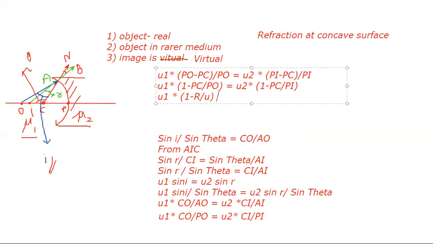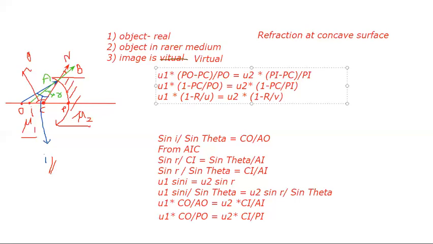This will be equal to mu2 into 1 minus R by V. So this is your equation.